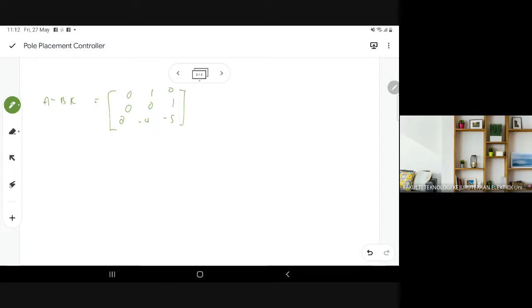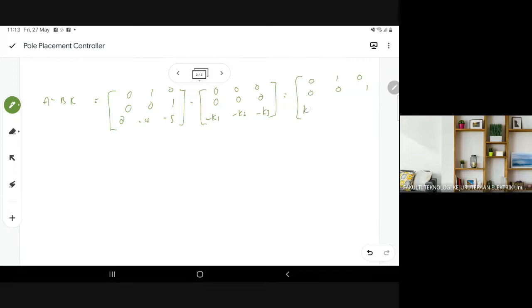Okay. I need to confirm this is my A, that's correct. Okay, minus 0, 0, 0, 0, 0, 0, negative K1, negative K2, negative K3. This is what happens when you multiply matrix B and K. And finally, this is your A minus BK: 0, 1, 0, 0, 0, 1.